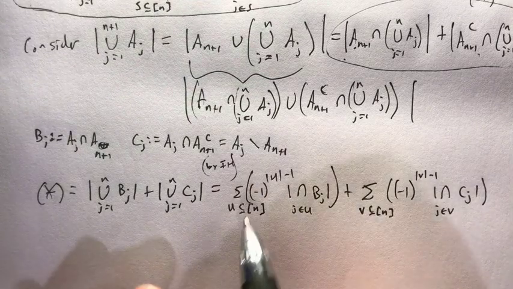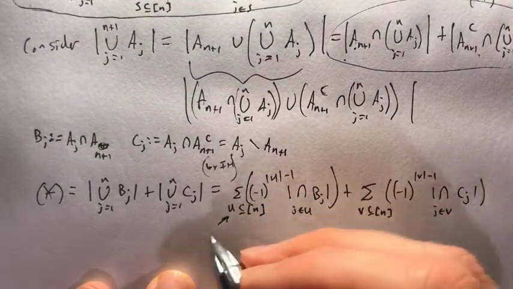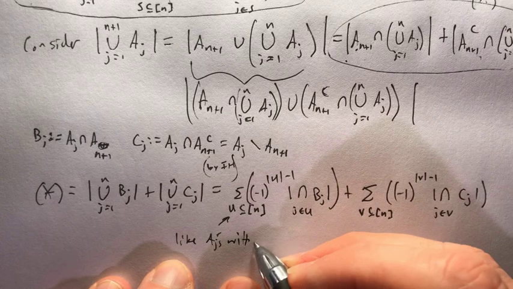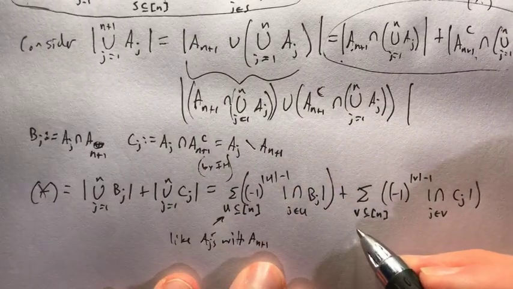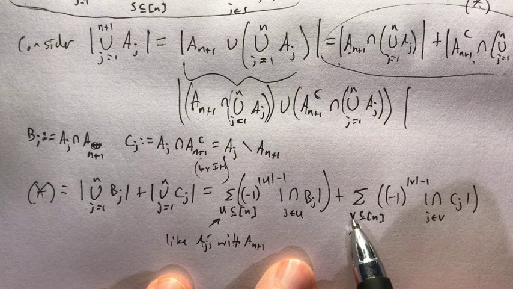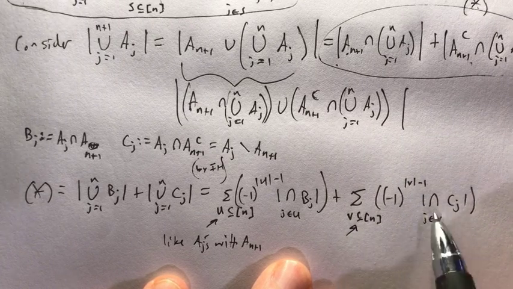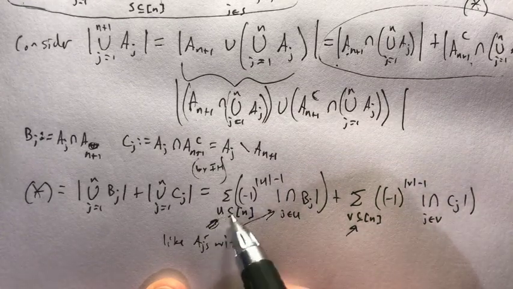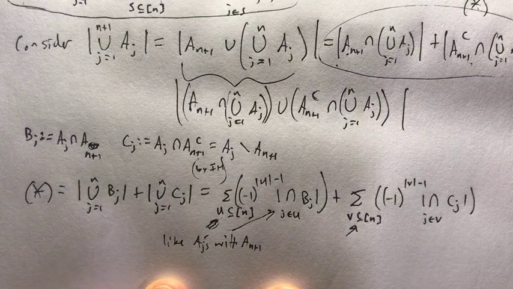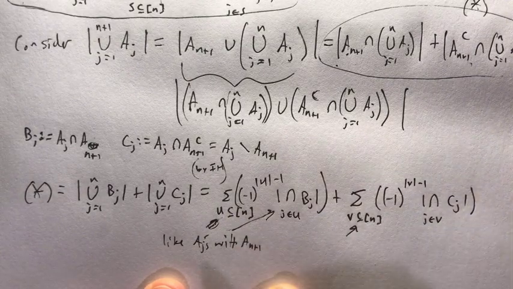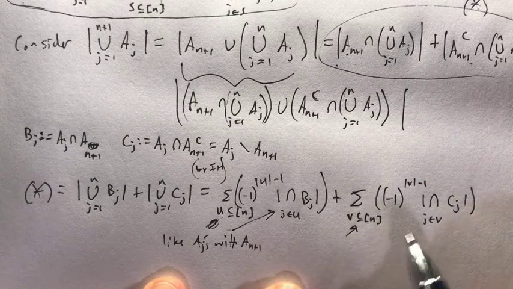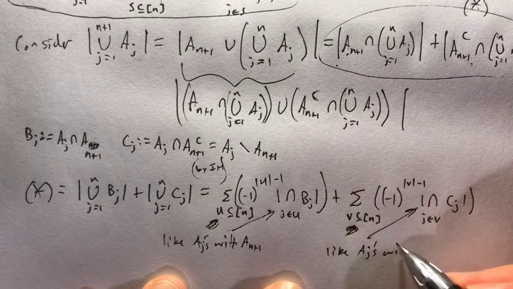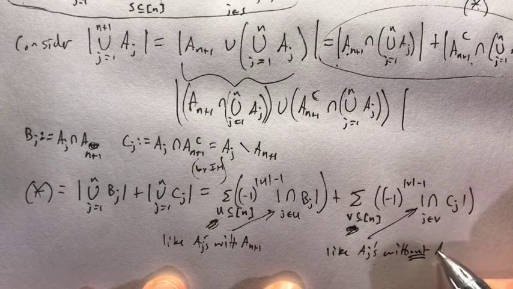So these will be like A sub j's with A sub n plus 1. Similarly, every V here is going to give me an intersection that will be like a subset with some elements from the first n, and these will be like the A sub j's without A sub n plus 1.